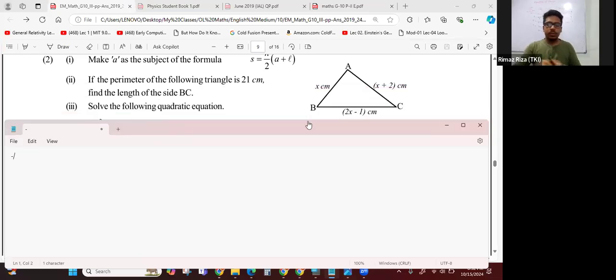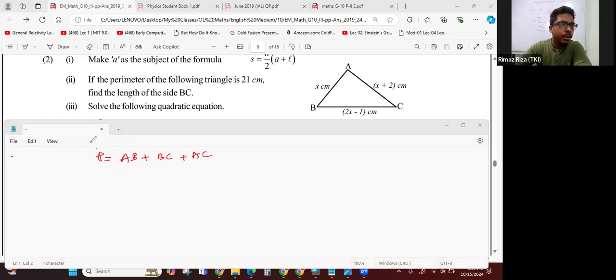Perimeter, we know, is the total length around the given shape. So perimeter P equals AB plus BC plus AC. If the perimeter is 21 centimeter, in the units of centimeter, AB equals x, BC equals 2x minus 1, plus AC equals x plus 2.